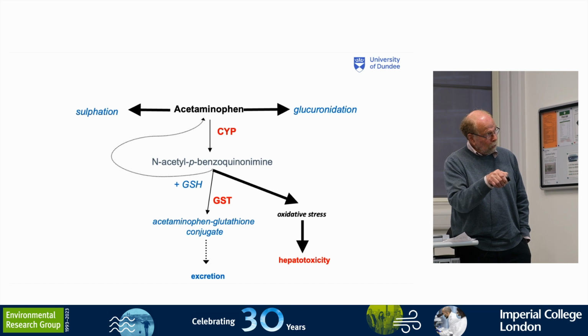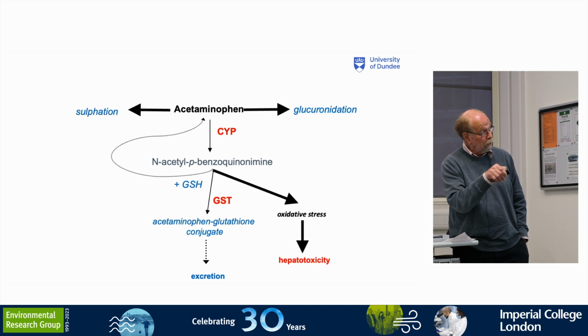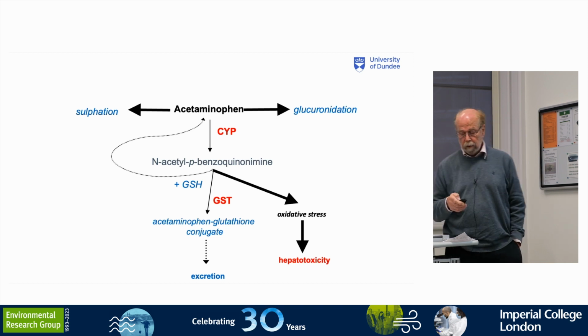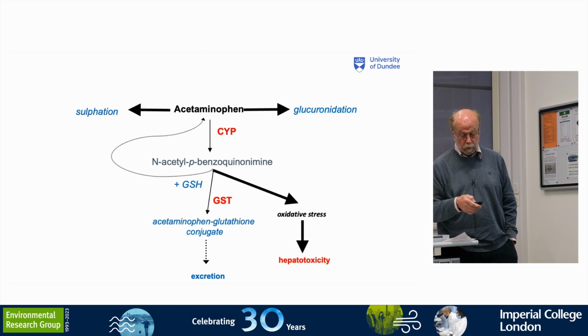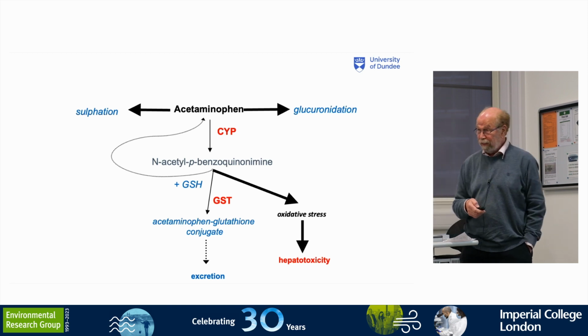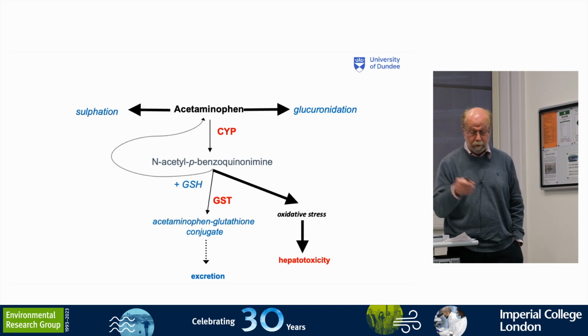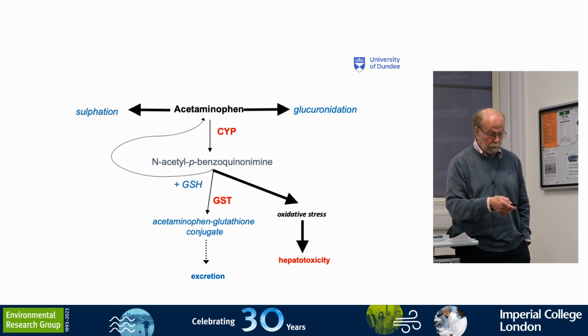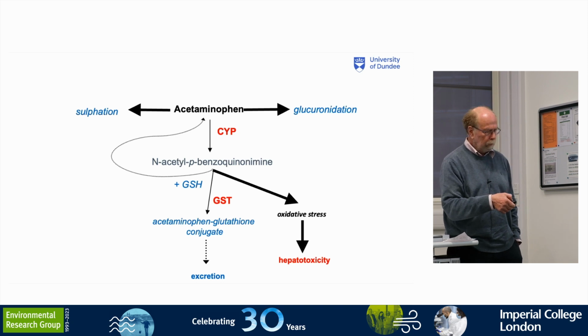And a long time ago, we knocked out the enzyme glutathione transferase, which in theory should have increased the toxicity of paracetamol, because we predicted that this reactive intermediate would accumulate. And we got it completely wrong. When we knocked out this gene, these mice became completely resistant to paracetamol overdose, another potential treatment that we never really followed up on.